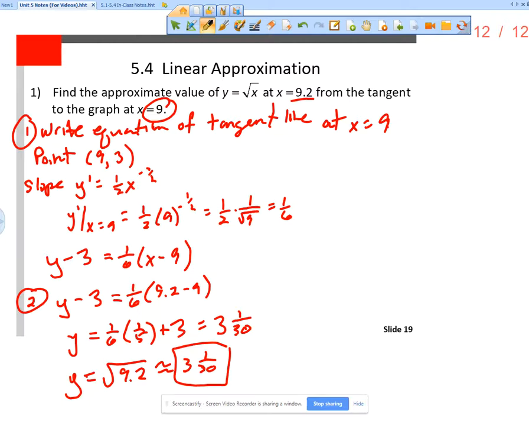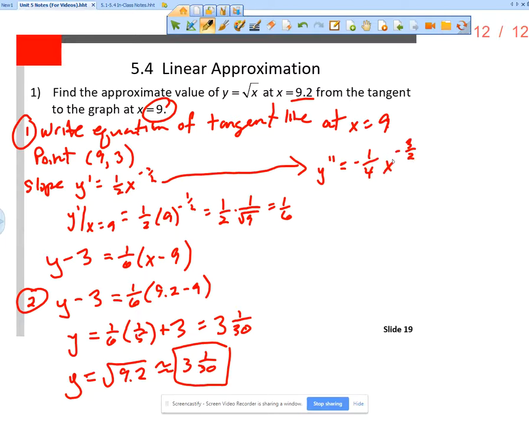Now, I know it doesn't ask it here, but would that be an underestimate or an overestimate? Let's think about the value of the second derivative. So y double prime equals, I would multiply by negative 1/2, so that'd be negative 1/4 x to the negative 3/2.